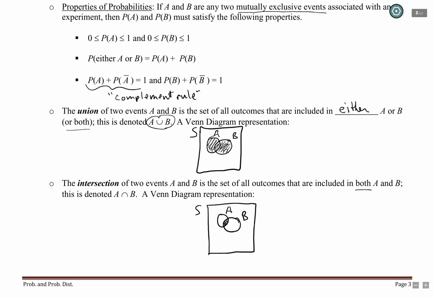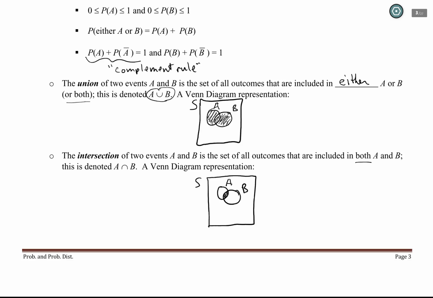The overlap set, that is the intersection. The outcomes that are in A and B are in that intersection there. The intersection is always contained within the union. Okay, you can look at the Venn diagrams and see that that is the case.